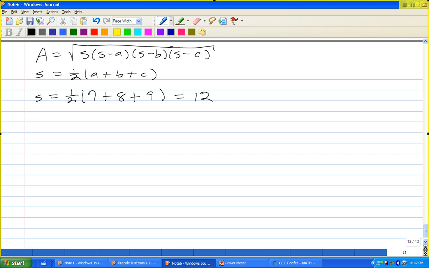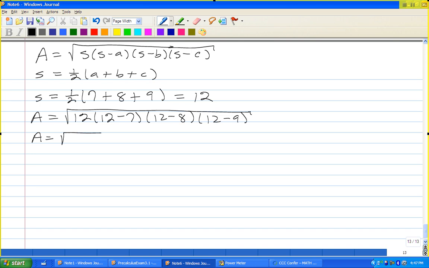Let me determine the area. 12, 12 minus 7, 12 minus 8, 12 minus 9. 12 times 5 times 4 times 3. 12 radical 5.